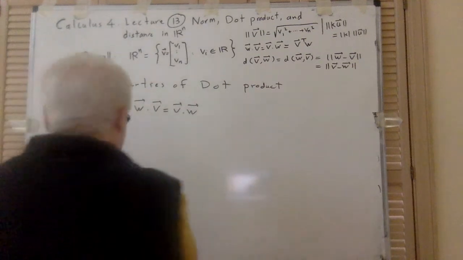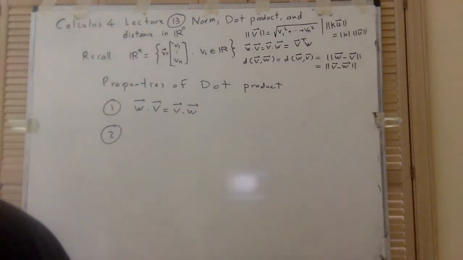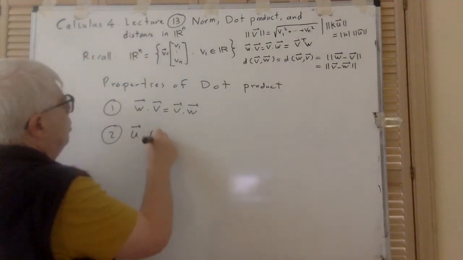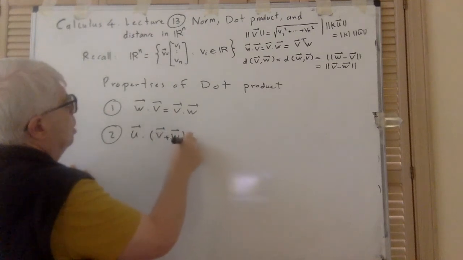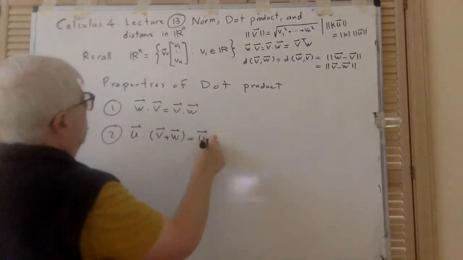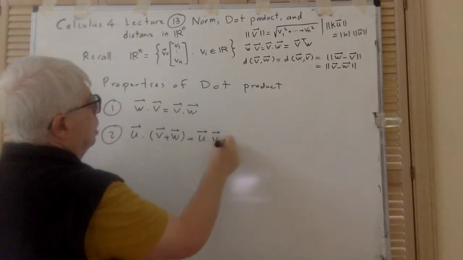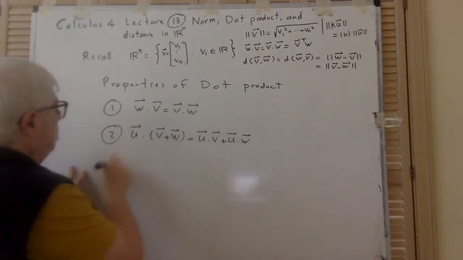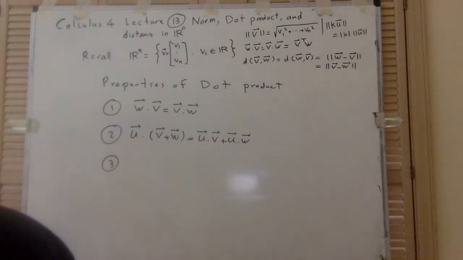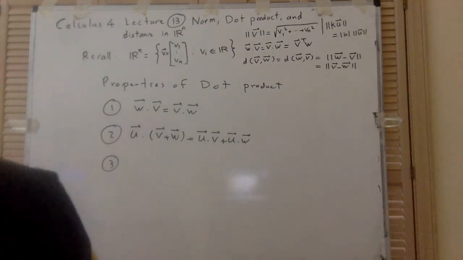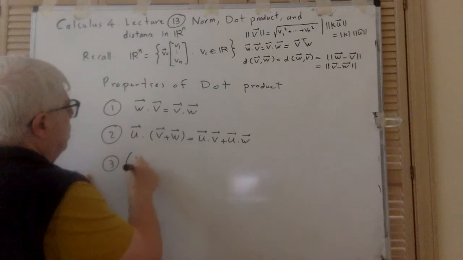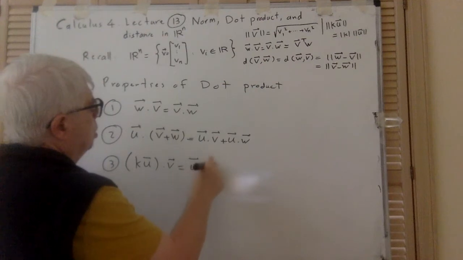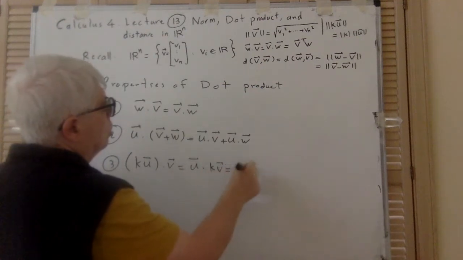And 2, then if I have U dot (V plus W), it distributes over vector addition, U dot V plus U dot W. And 3, let me see what else we have. So if I write kU dot V, it's like writing U dot kV, or just write k outside.